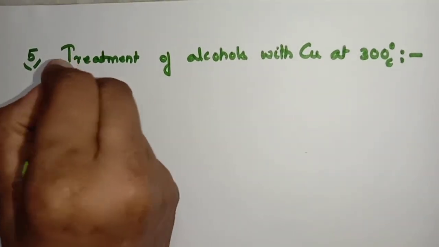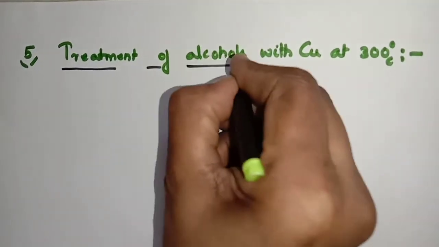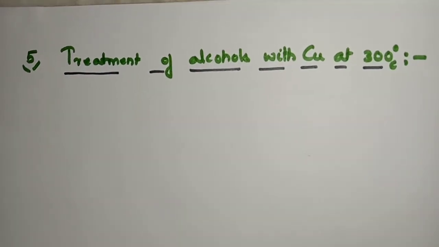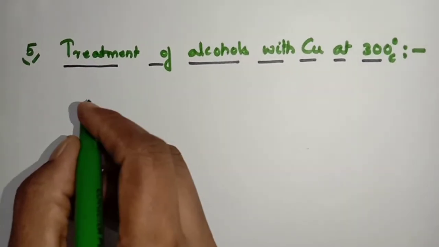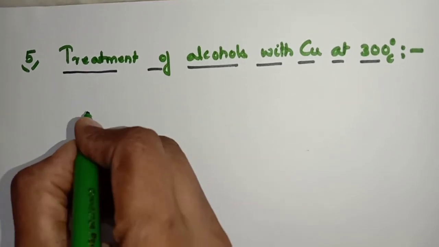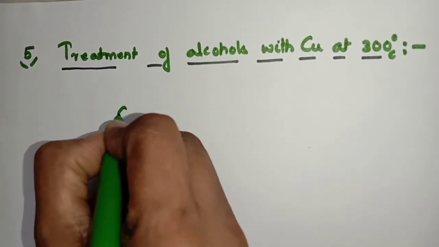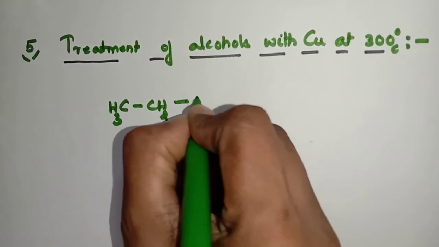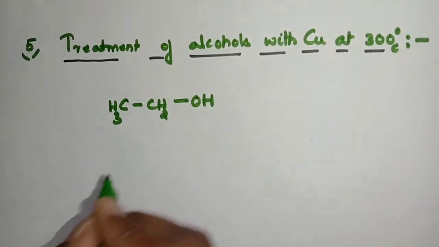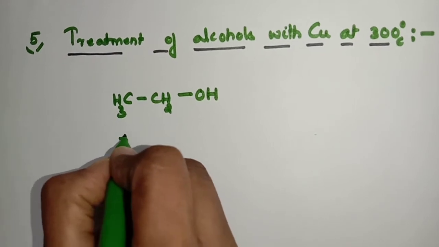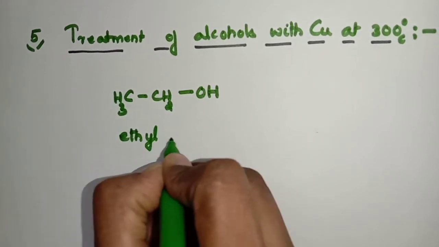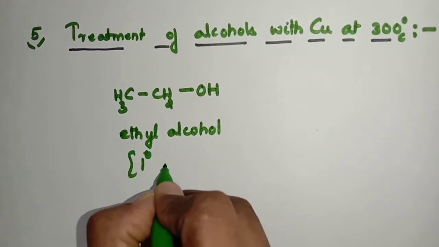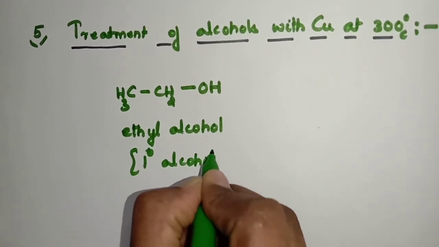Now, how to prepare aldehydes and ketones using this method? Let me take CH3CH2OH. Can you name this compound? It is called ethyl alcohol and it comes under a primary alcohol.